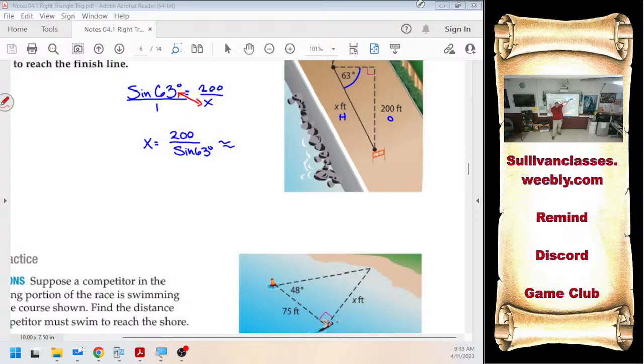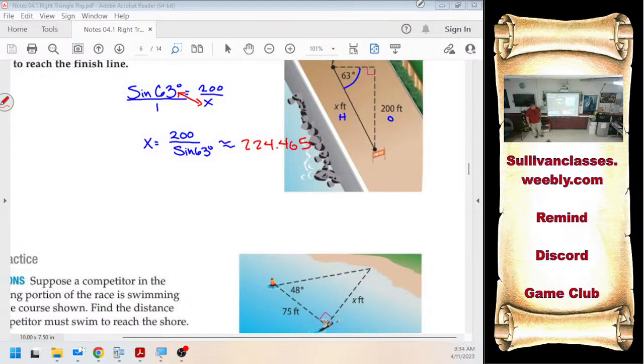So square root of 3 is about 1.73-ish. So it's going to go in there about 1.2 times. And then I will double it to get to my hypotenuse. So I'm going to say about 240. But you can kind of ballpark it, right?